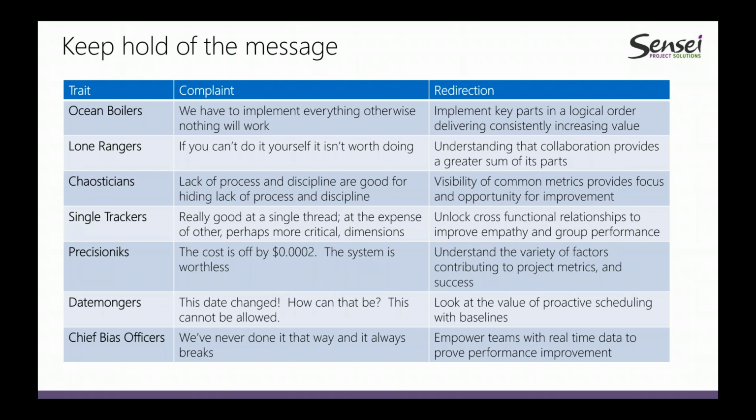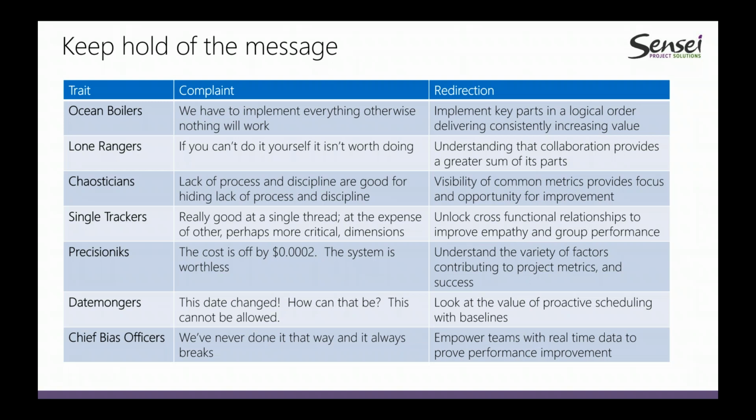And we're providing a set of dashboards so that people can look at this information, and they shouldn't get bogged down in the 0.0002s. They should look at the larger numbers and understand the count of projects, the count of resources, the count of hours per month that people are allocated to projects.